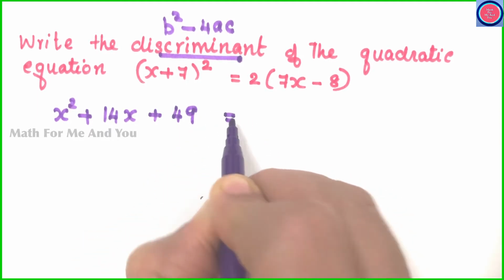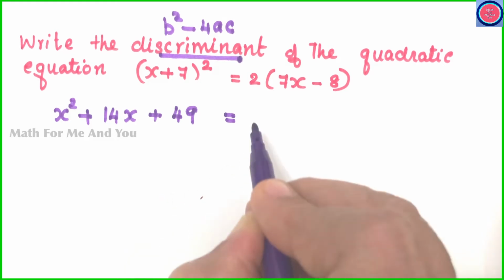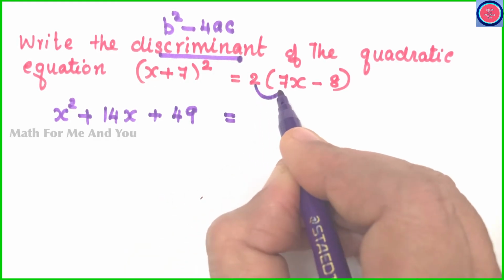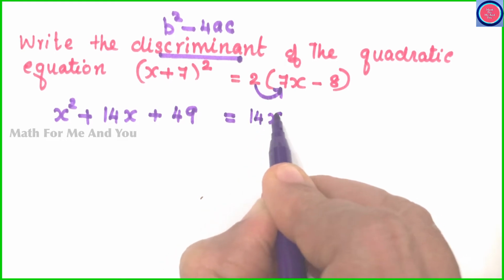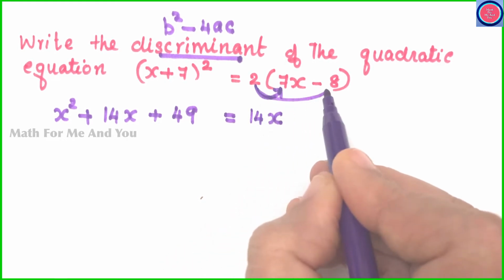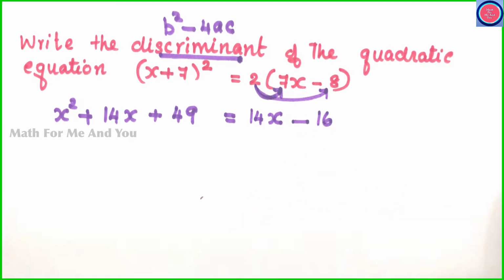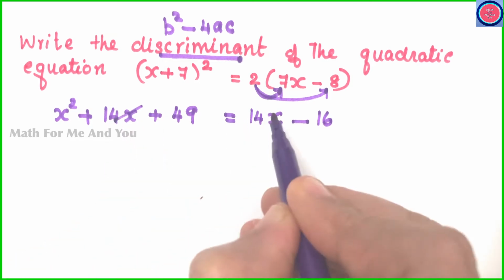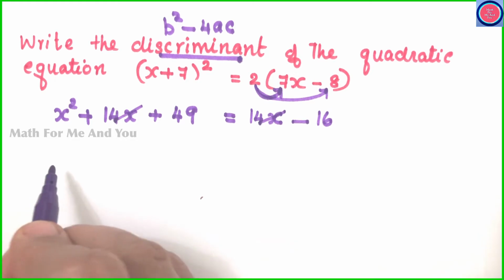is equal to the right side, multiply with 2 and remove the bracket. 2 times 7x is 14x. Then 2 times minus 8 is minus 16. Left side and right side have the same term 14x, so we can cancel. If you move 14x from the right side to the left side, it becomes minus 14x and it gets automatically cancelled.